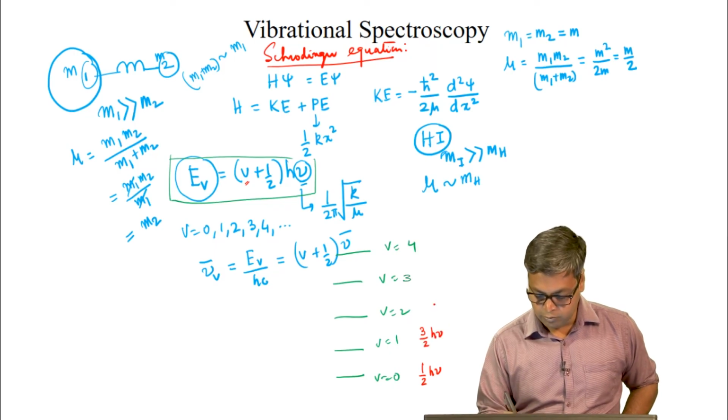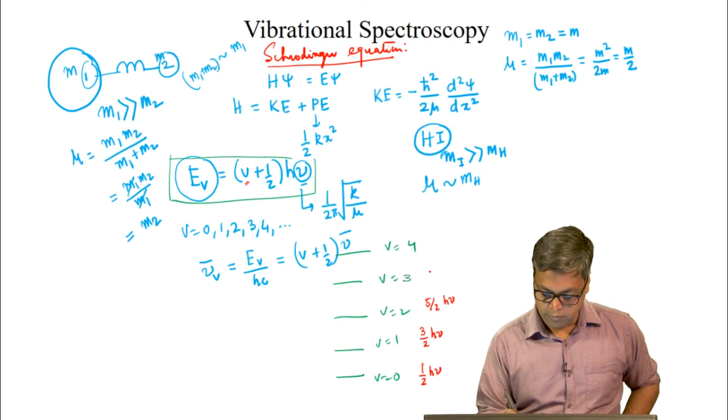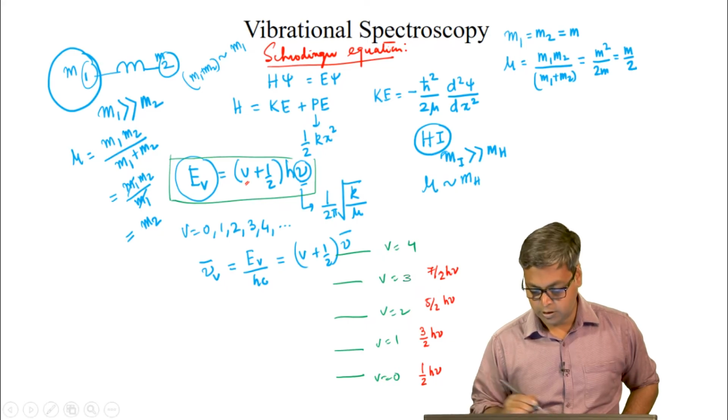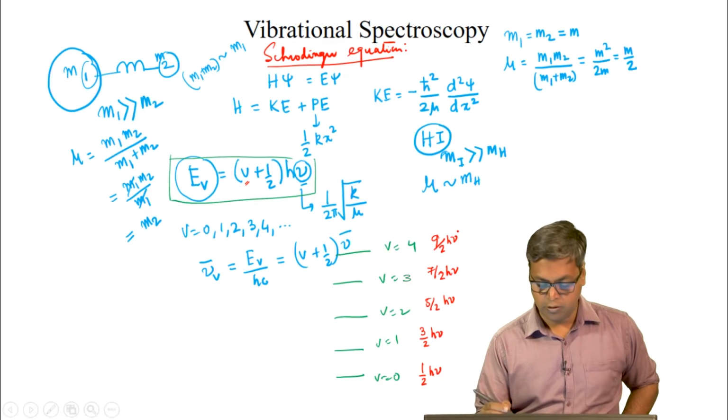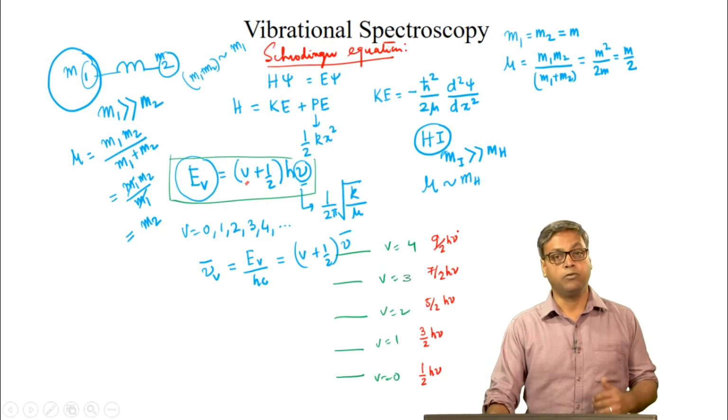For V equals 2, we get 5 by 2 h nu. Then we have 7 by 2 h nu for V equals 3, and we have 9 by 2 h nu for V equals 4.